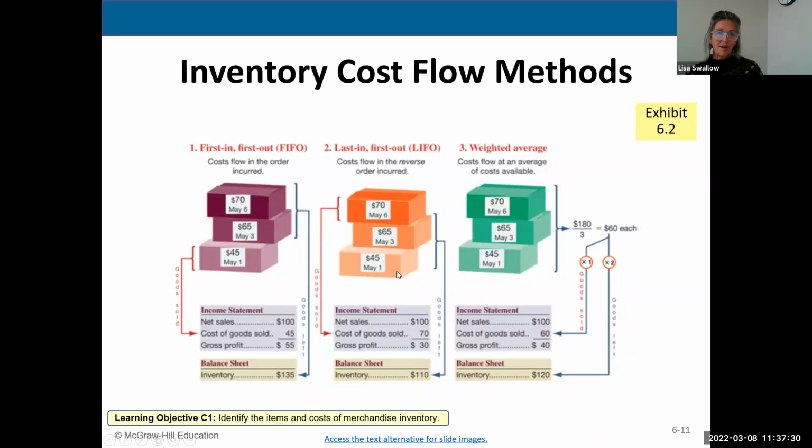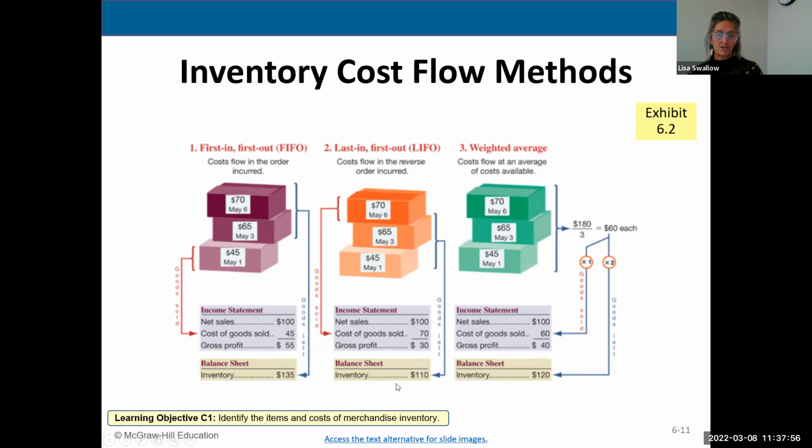With LIFO, my oldest stuff is on the balance sheet because last in, first out, I sold the last stuff in first. So my cost of goods sold is high, my gross profit is low, and my old stuff is on the balance sheet. So in a period of inflation, that's a lower number. And weighted average is always going to be right in between.